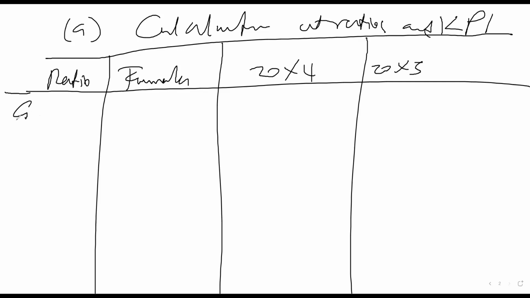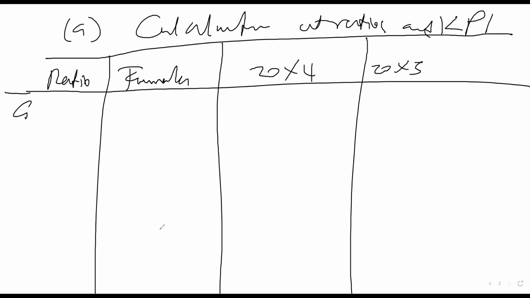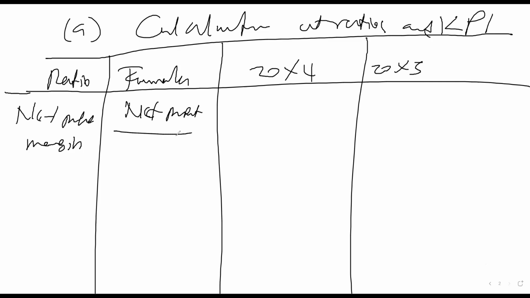First ratio is net profit margin. It is net profit over sales times 100. If you have your question with me, can you give me the numbers?